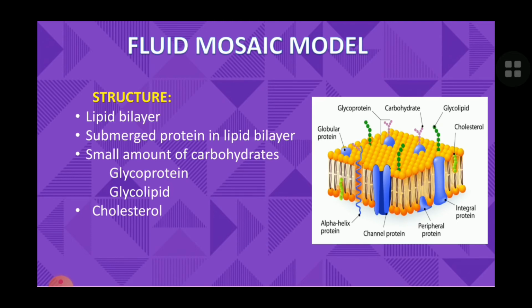There are also cholesterol molecules in this lipid bilayer. So these are the different molecules which make up the structure of the cell membrane, which is also called the fluid mosaic model because of this pattern of arrangement of these molecules.